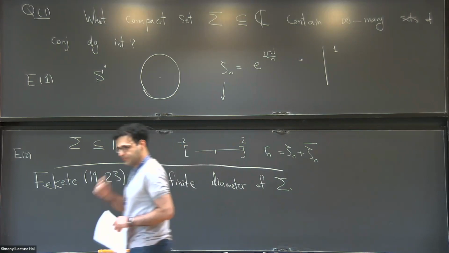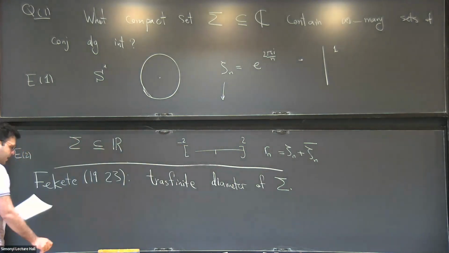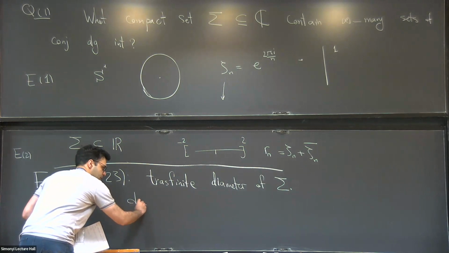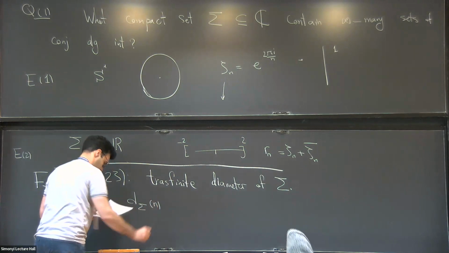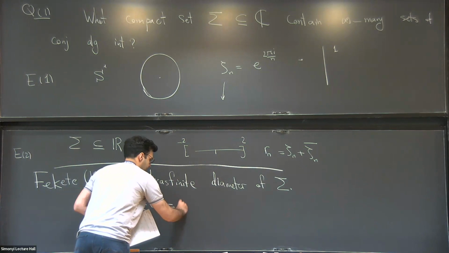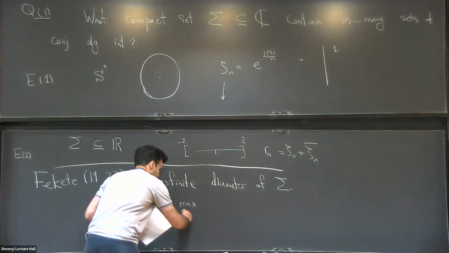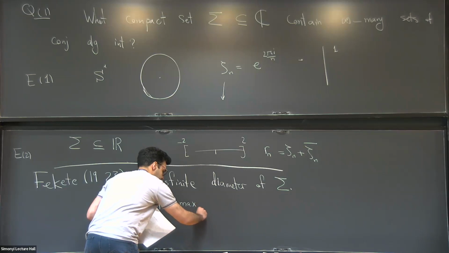How is it defined? For each n, we find d sub sigma of n. We maximize the product of the pairwise distances.